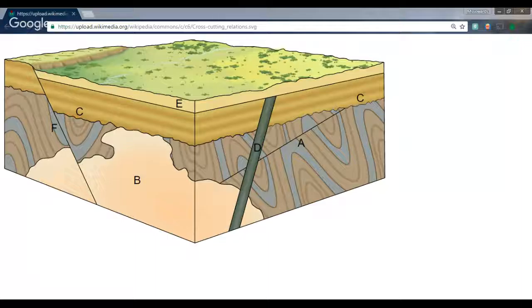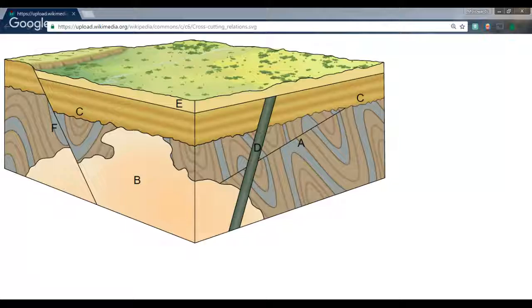And then, of course, the last principle for question 1 is the principle of cross-cutting relationships. Now, this applies to igneous rocks, basically rocks that come from volcanic events. D is definitely an igneous rock. B probably is as well, but I'm not so sure, so don't take my word on that.